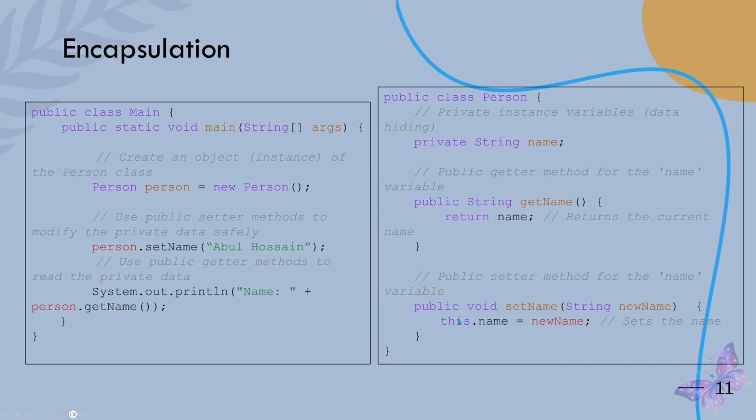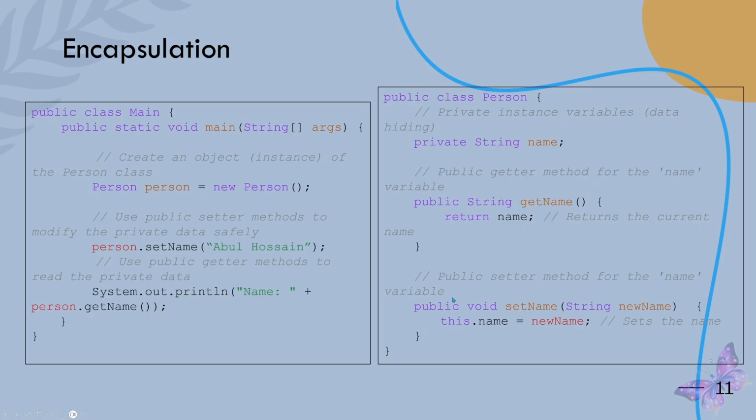So here is an example. We create a class named Person, then we create a private String name variable, the type is private. Then we set getter and setter methods. The get method also has a return type, so it will return the current name.